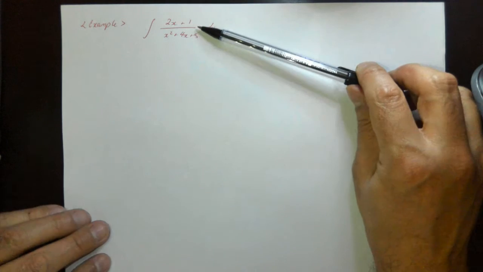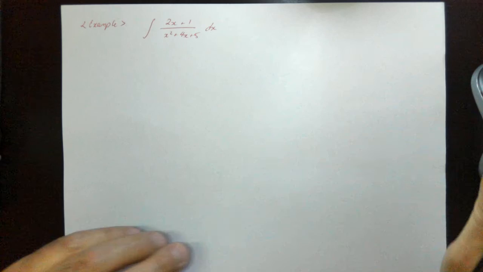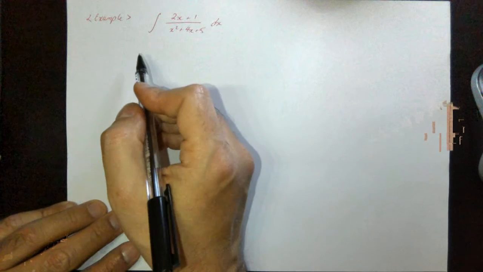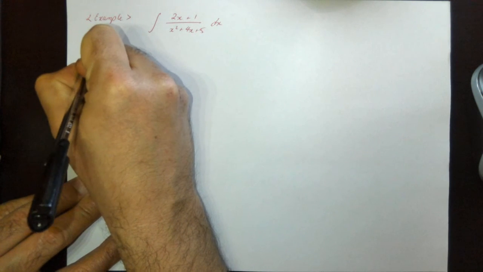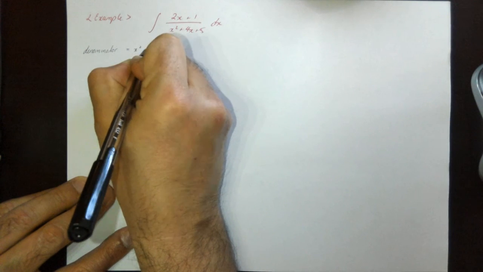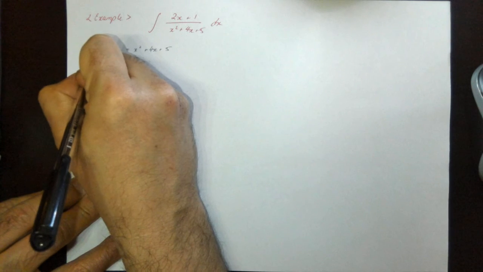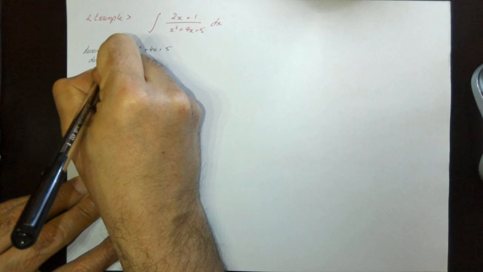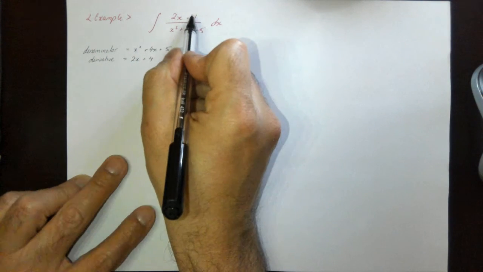One more example. Here we have a linear over a quadratic. So what I do here is look at my denominator, which is x squared plus 4x plus 5. The derivative is actually 2x plus 4. It's very similar to that.